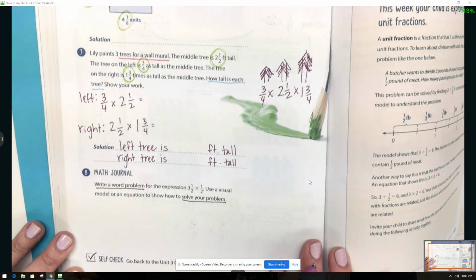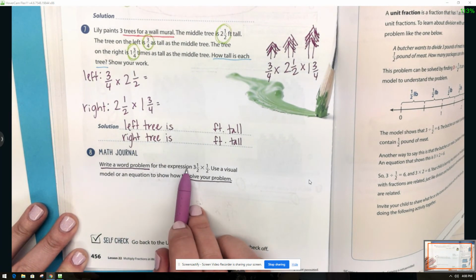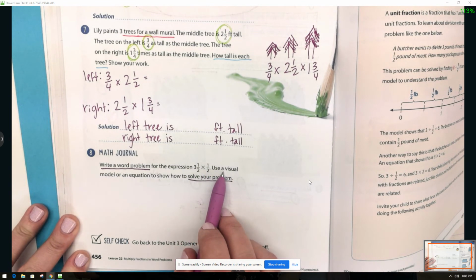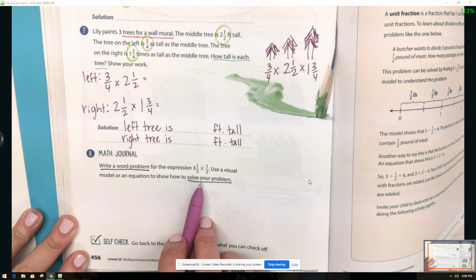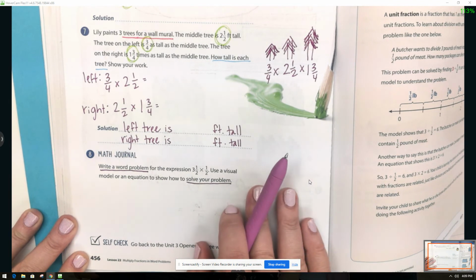Finally, on number 8, it says this: write a word problem for the expression 3.5 times 1/2. Use a visual model or an equation to show how to solve your problem. So you need to come up with something like, I needed 3.5, I can't even, let me think.